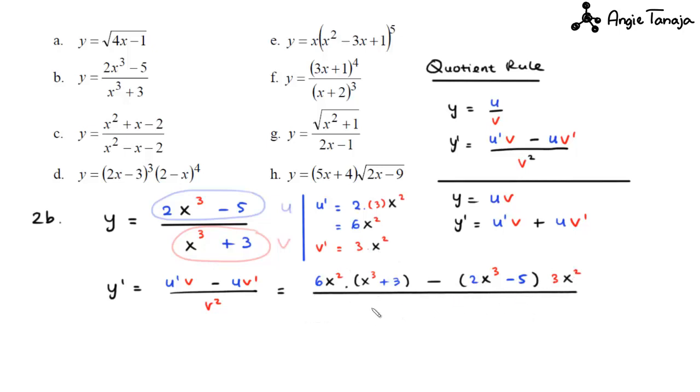Okay, plus 3 squared. Okay, understood, good. So then this will be simply 6x to the 5 over the same denominator, and you follow this.